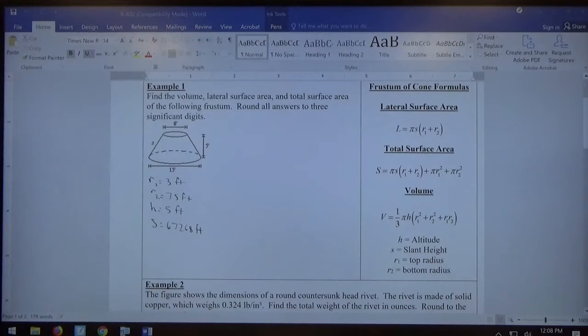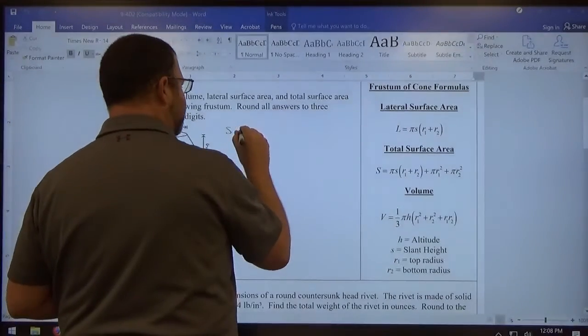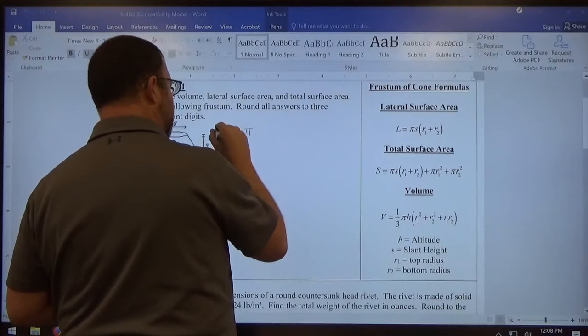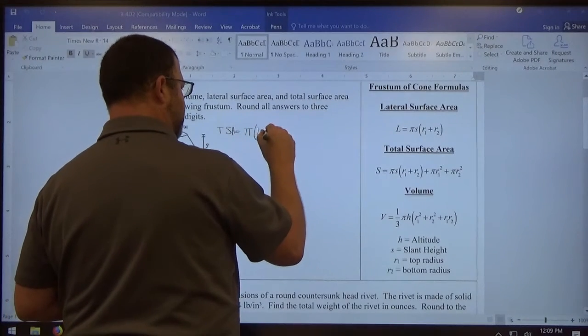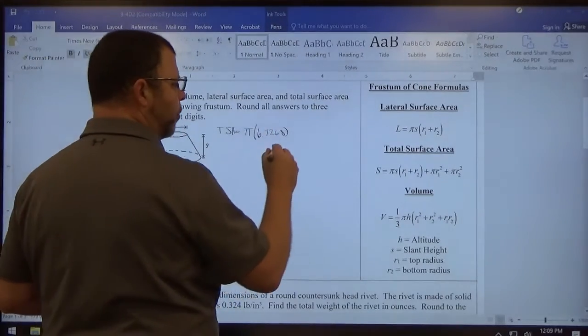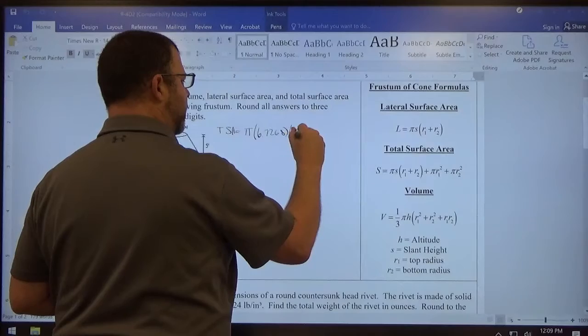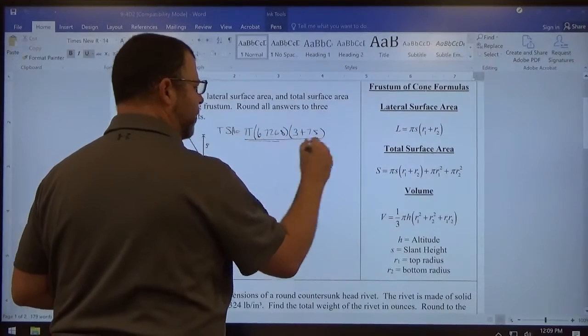So my total surface area is, by the formula, pi times S, which is 6.7268, times R sub 1 plus R sub 2, that's 3 plus 7.5. Notice that's just your lateral surface area, right?